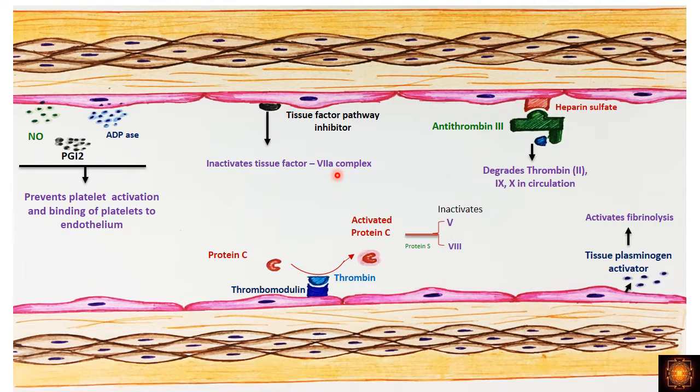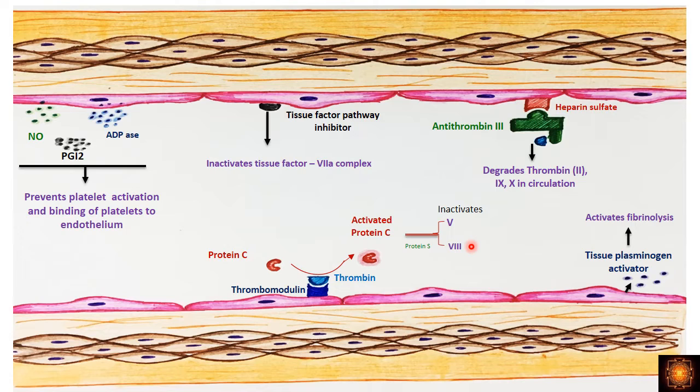Another molecule which is expressed on the endothelium is thrombomodulin. This thrombomodulin combines with thrombin. When this complex is formed, it converts the inactive form of protein C into activated protein C. And this activated protein C, along with protein S, inactivates factors 5 and 8.